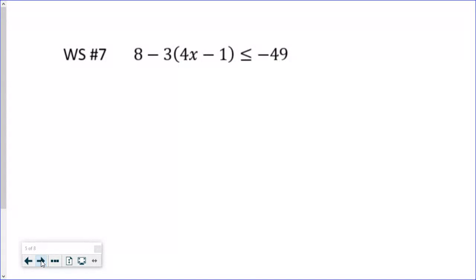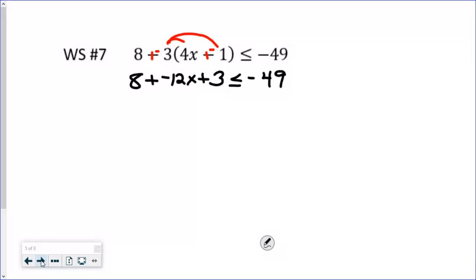Okay, this one's number 7. Okay, now here's the one thing. When you distribute that, you're actually distributing a negative 3. Be careful and make this plus a negative 1. So you have 8 plus a negative 12x plus, now be careful, a negative 3 times a negative 1 is a positive.